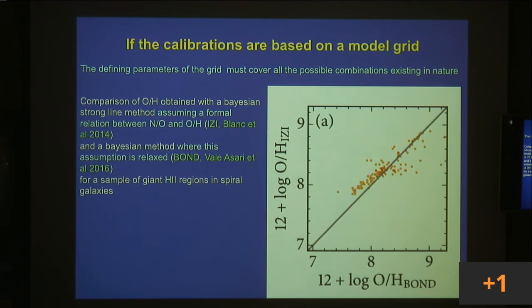So this is it. And for the same objects, a method which doesn't assume anything on the N/O ratio. And you see that there are inconsistencies, just because in this method you imposed something which might not be true.